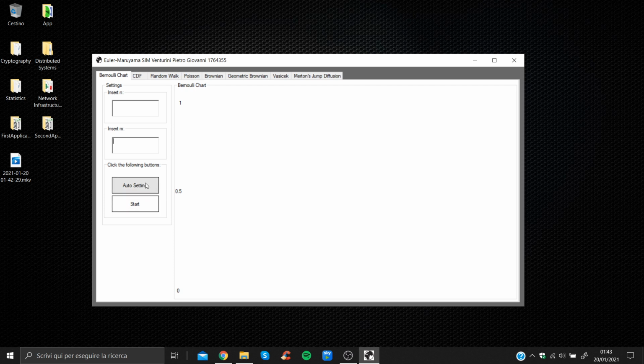The auto setting was implemented to make the user experience as easy as possible, and it automatically sets the values to draw the chart.